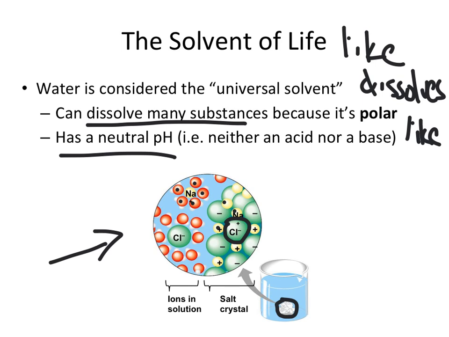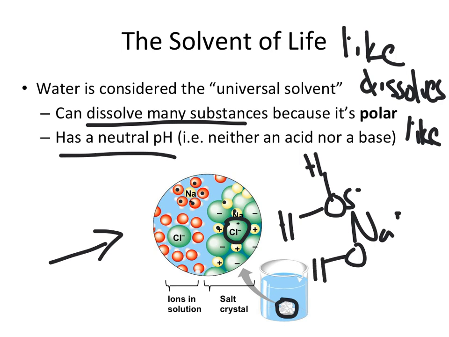So I want you to imagine my Na+, that's a positive ion, and the negative ends of my water molecule, the oxygen, that slightly negative end, are attracted to the Na+, and they form what's called a sphere of hydration. Basically, they make a circle around the sodium ion, effectively separating it from the chloride ion. So they're basically breaking the salt down into its 2-ion form.